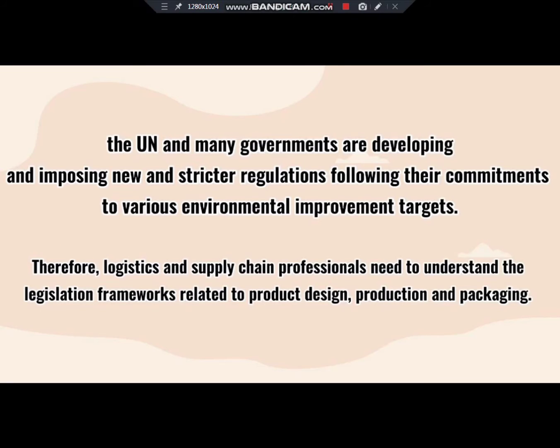The United Nations and many governments are developing and imposing new and stricter regulations following their commitments to various environmental improvement targets. Therefore, logistics and supply chain professionals need to understand the legislative framework related to product design, production, and packaging.